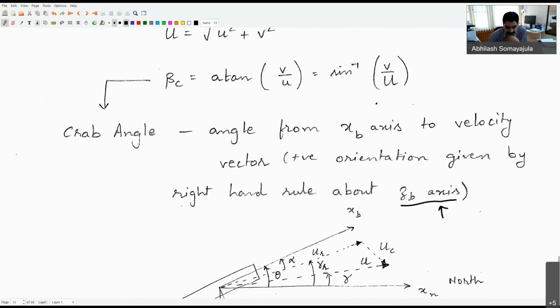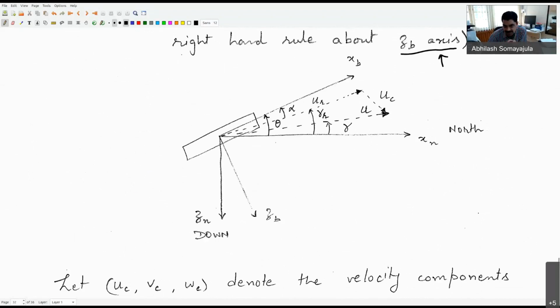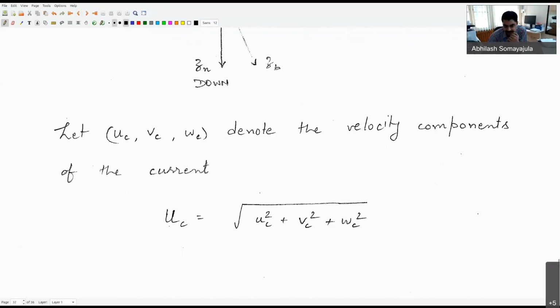Now, before I proceed any further, I'll come back to this picture in just a minute. So let's proceed a little bit further. Let us say that the current has velocity components UC, VC and WC.